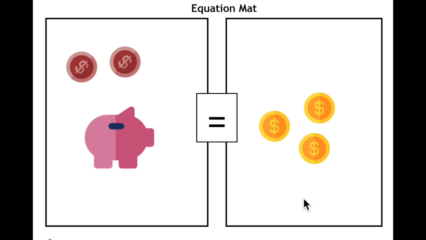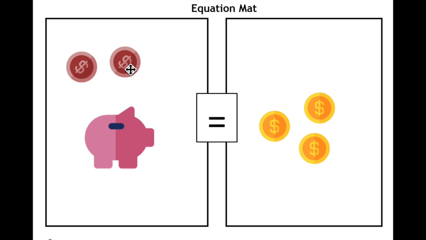If you know the answer, put it in the box and explain how you know. And for the rest of us, let's look at this a little bit more. Okay? So since I took the coins away, I'm going to put them back in.